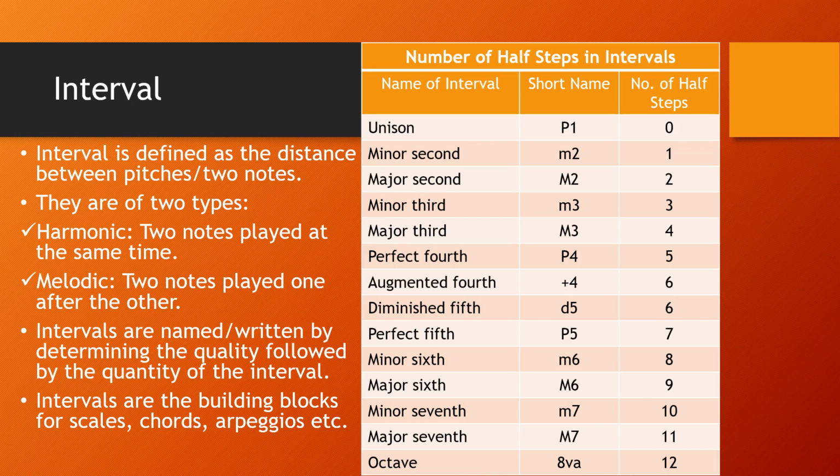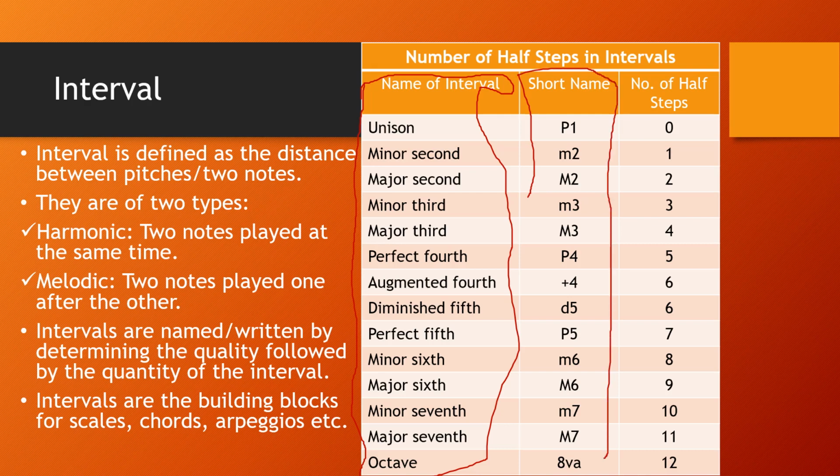Let's look at the table here. Number of half steps in intervals. The names of the intervals. We have unison, minor second, and the rest of them. Take your time and study them carefully. The short name is also indicated here. P1, M2.